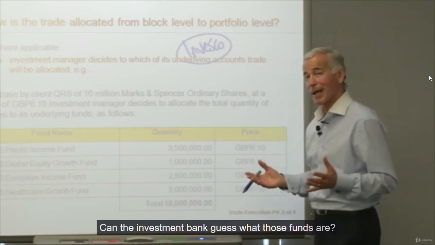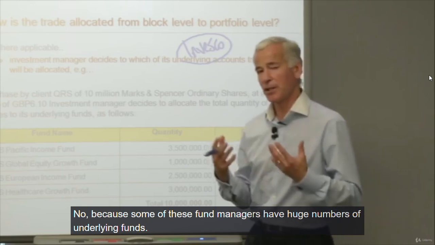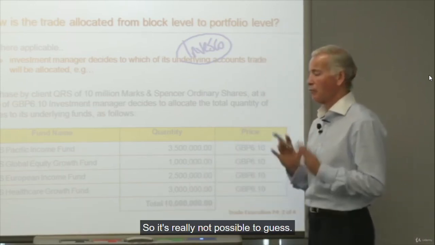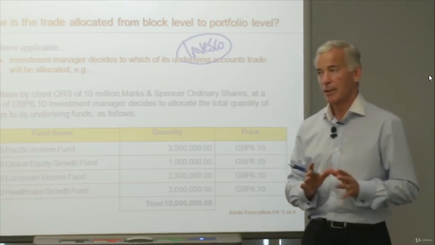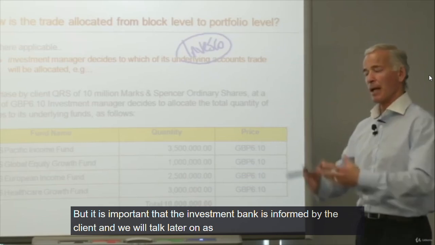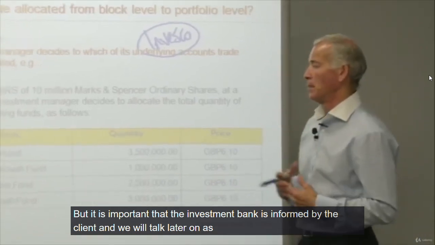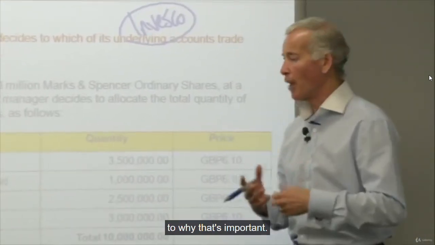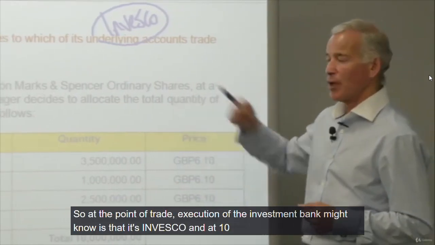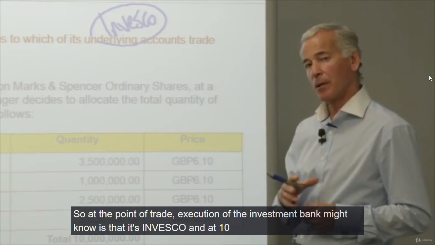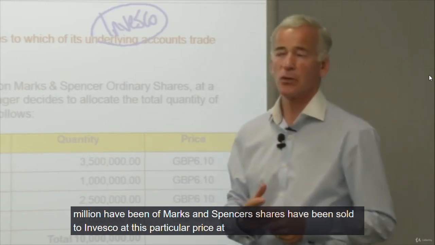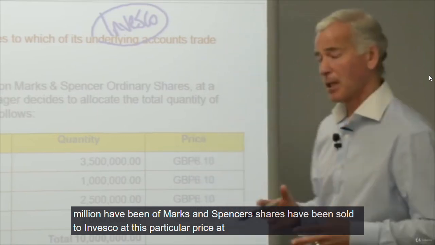Can the investment bank guess what those funds are? No, because some of these fund managers have huge numbers of underlying funds, so it's really not possible to guess. But it is important that the investment bank is informed by the client, and we will talk later on as to why that's important. So at the point of trade execution, all the investment bank might know is that it's Invesco and that 10 million of Marks & Spencer shares have been sold to Invesco at this particular price.